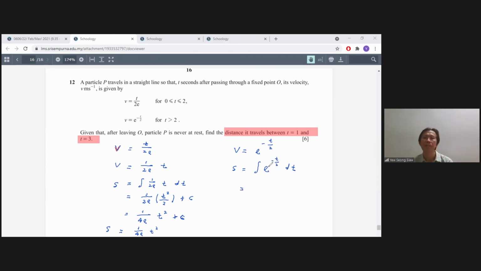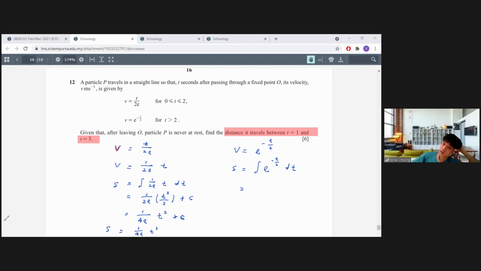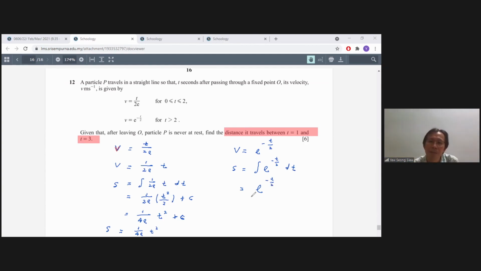How do you integrate an exponential function? E to the power of negative t over 2, divided by negative 1 over 2.